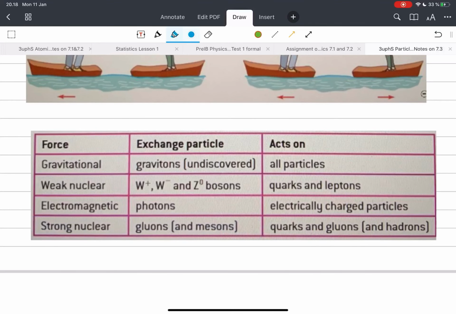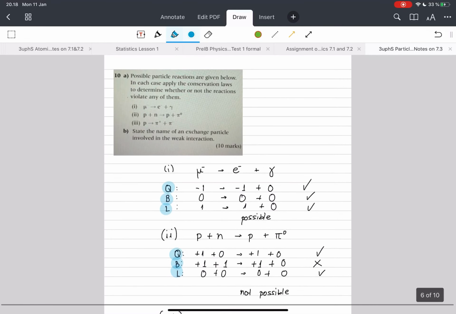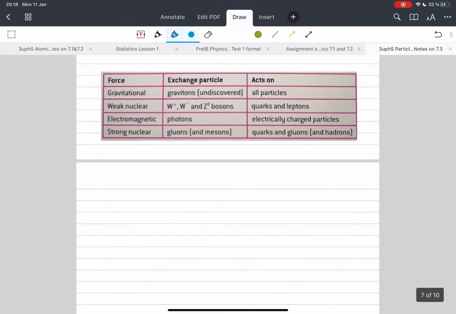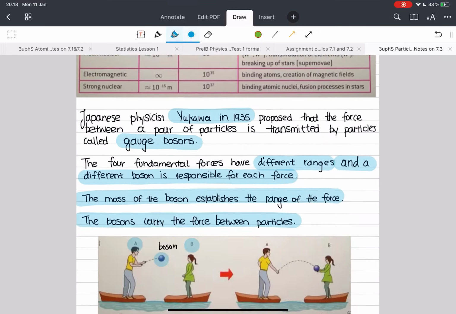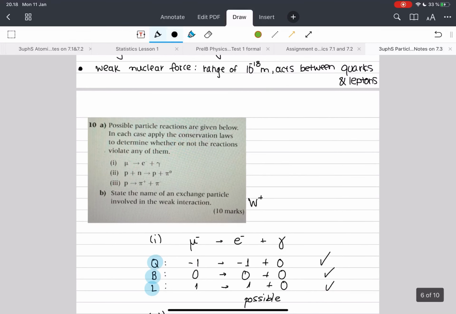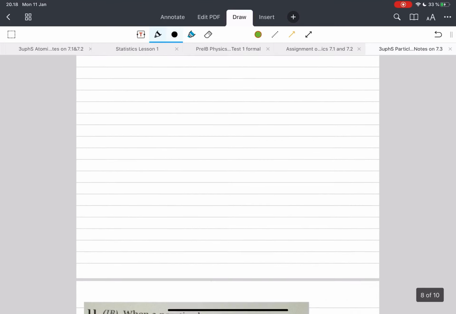So when the question says, state the name of an exchange particle involved in the weak interaction, as you saw, those are the exchange particles: W plus, W minus, and Z0. That's that. So what else?